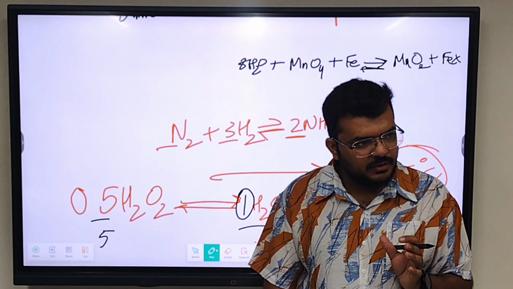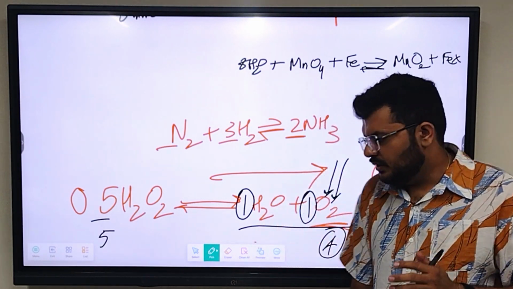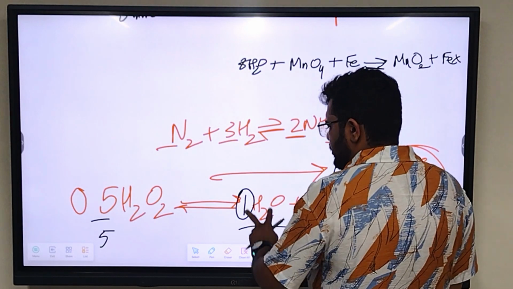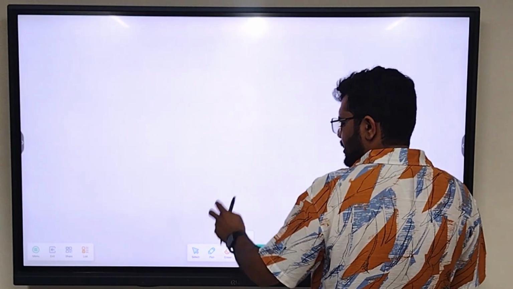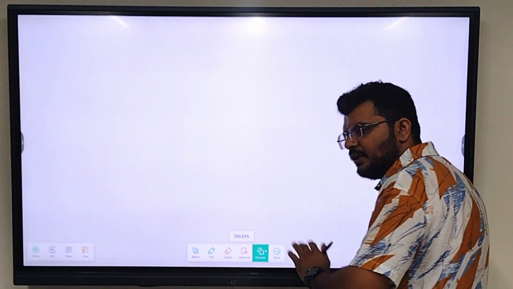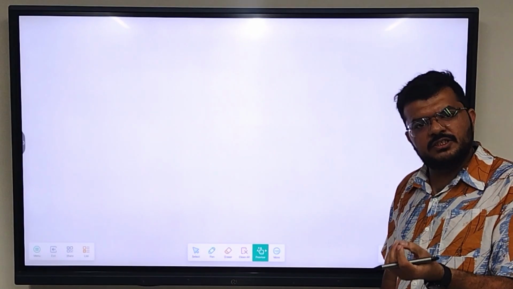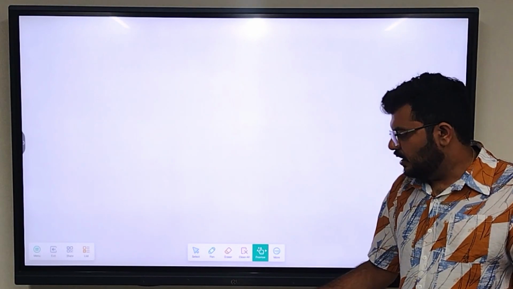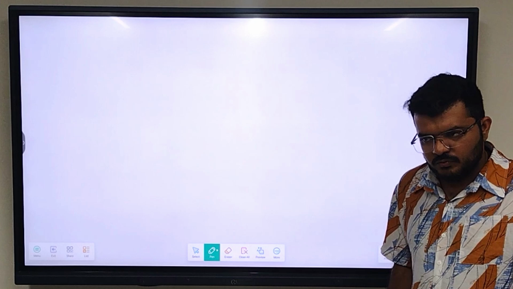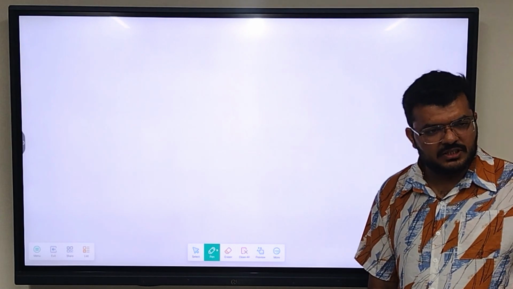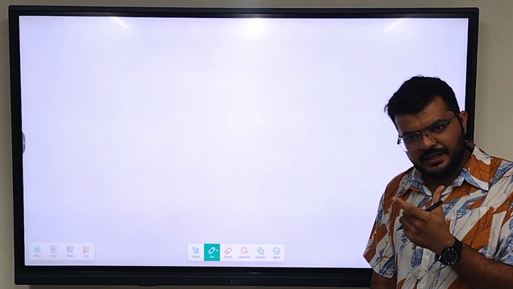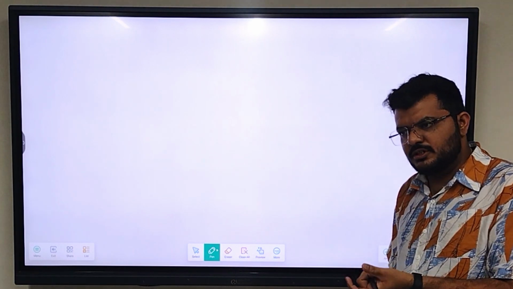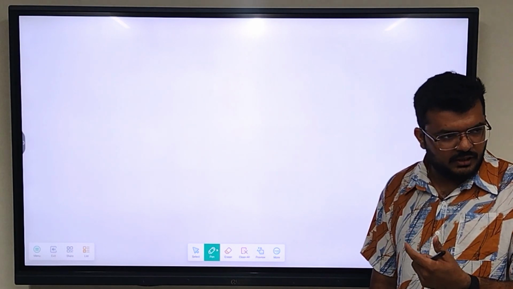Is this understandable? Sure? Now let us look at one equation that is very important in our syllabus. So far I have explained equilibrium as a theory, but what they mainly ask us is what I am going to discuss now. There are two reversible reactions that are part of our syllabus, very important.